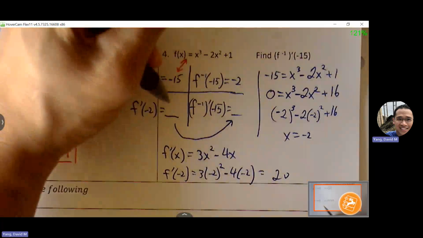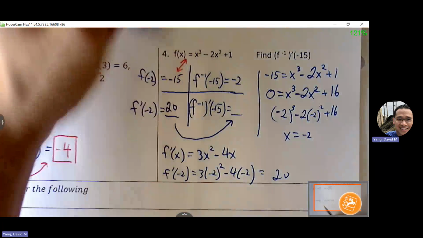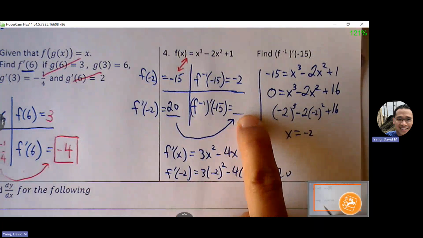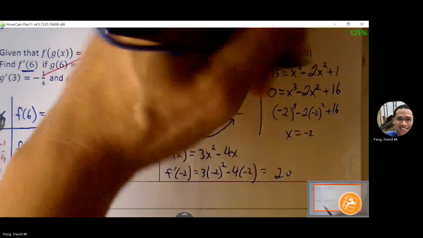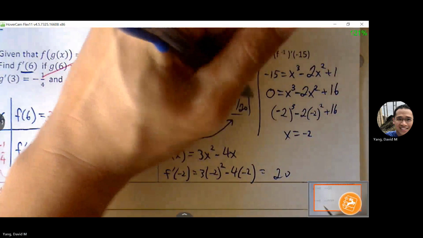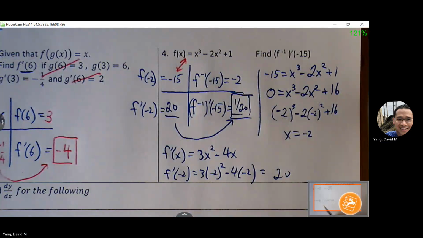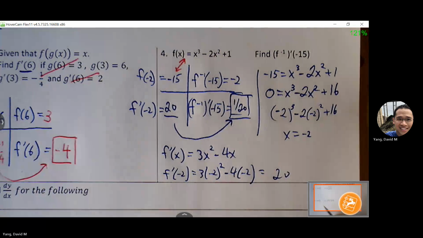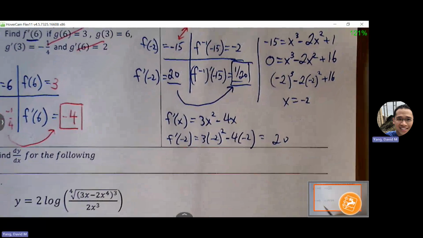So if the slope of my f graph is 20, the slope of my inverse at negative 15 must be 1/20.